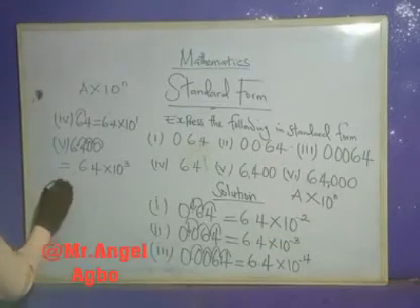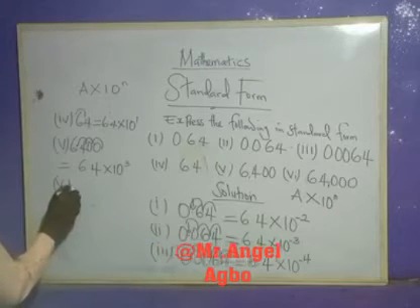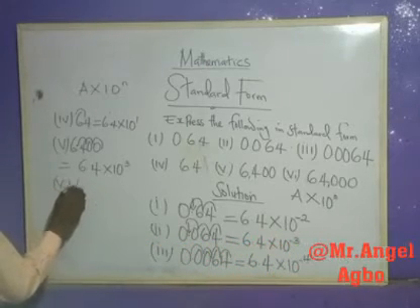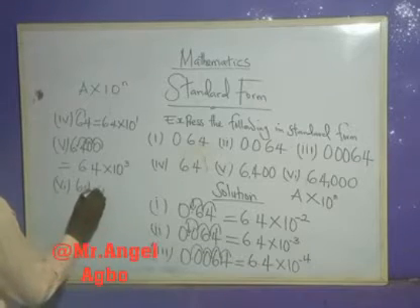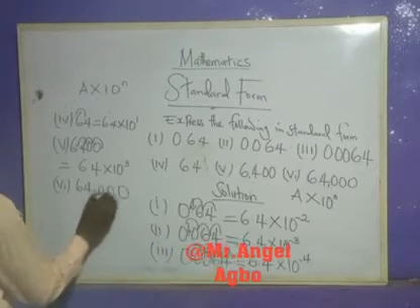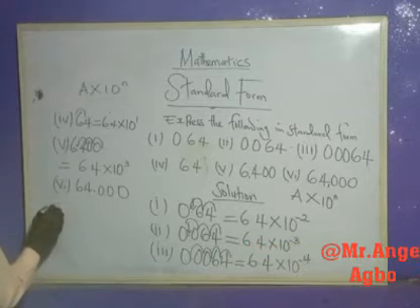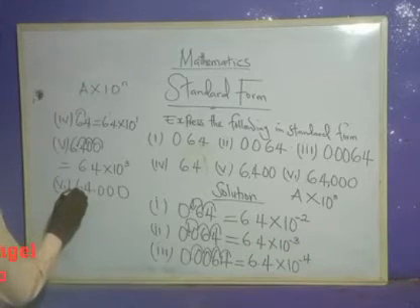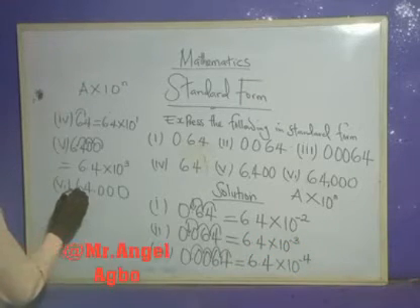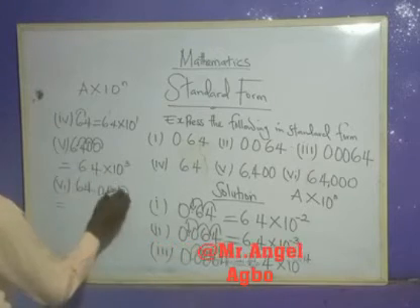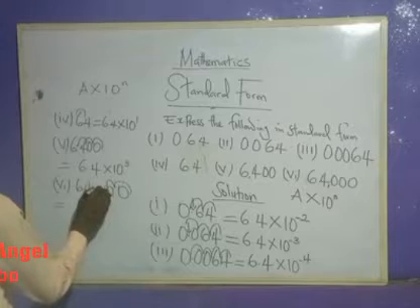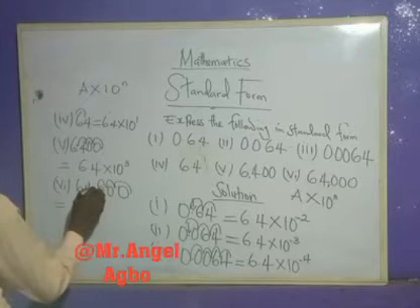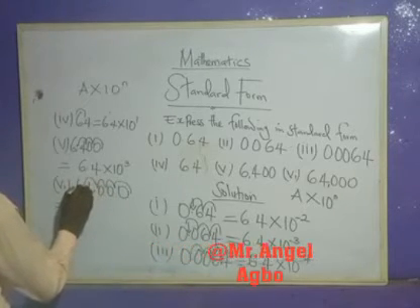Number 6. We have 64,000. It will be equal to... remember our decimal point is here, and we are counting to the left. 1, 2, 3, 4.